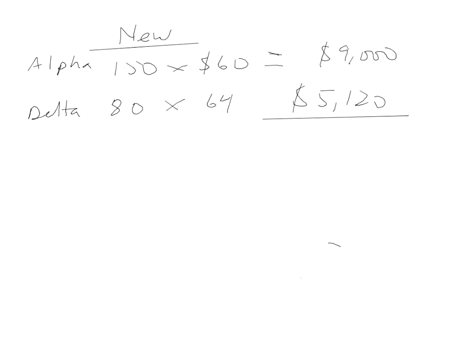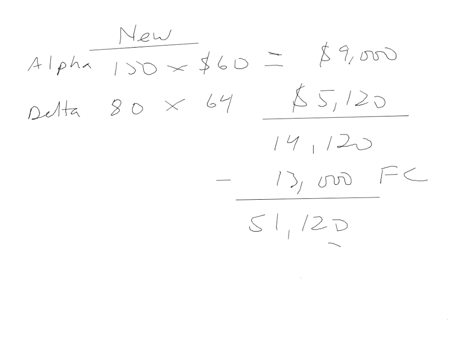So our new contribution margin is 14,120, but we still have our 13,000 fixed costs, so we have to subtract that out until we have $1,120 in profit. So compare that to the 640 profit from the original problem, and that means that our profits increased by $480.